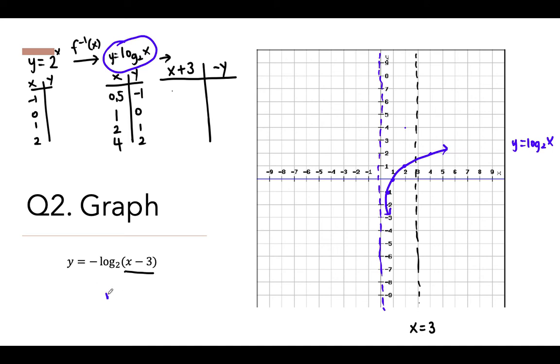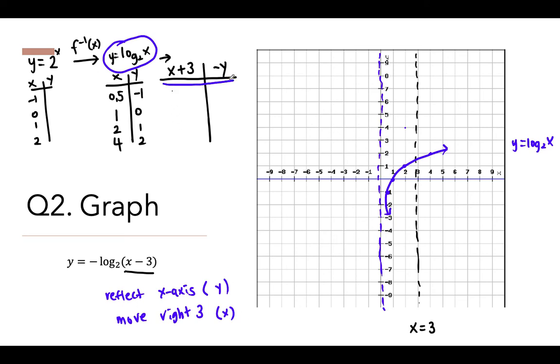So it's a reflection through the x-axis, and then we're moving right 3 steps. If I'm doing a reflection through the x-axis, I'm changing the y value, right? And moving right, we're changing the x value.